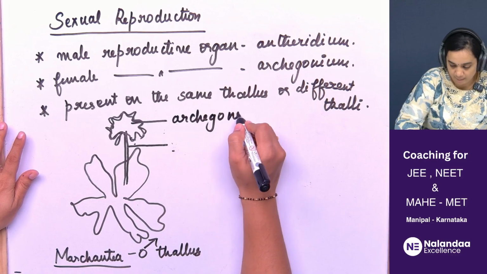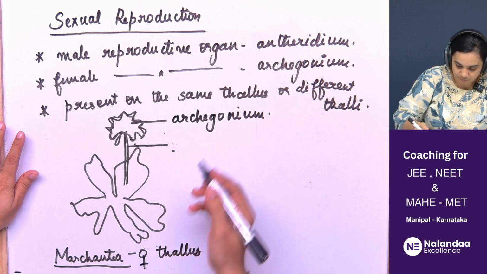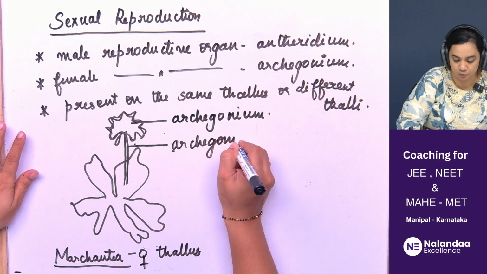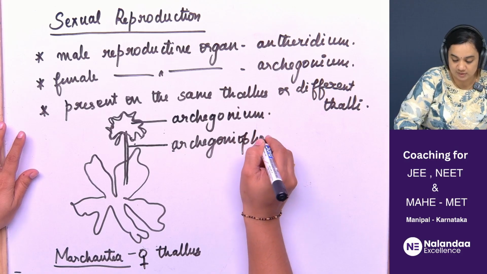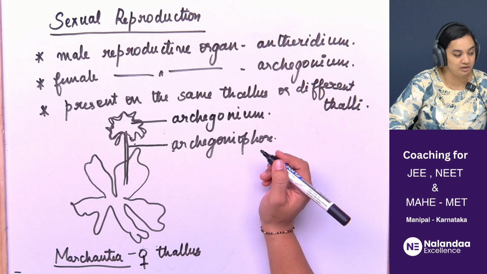So in case of a female thallus, it has the archegonium and archegoniophore. So this is how the reproductive organs are present in case of liverworts.